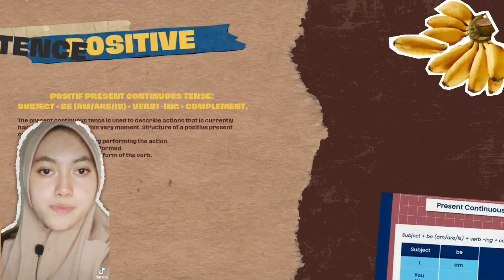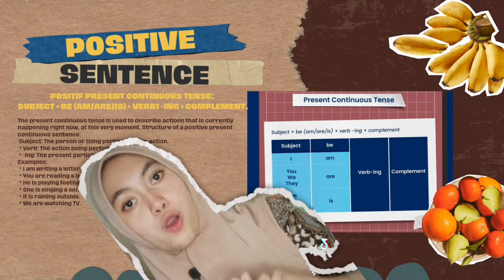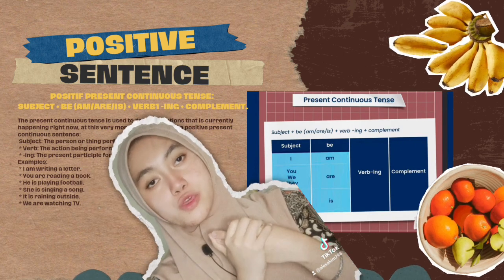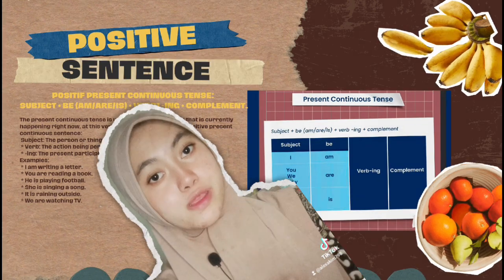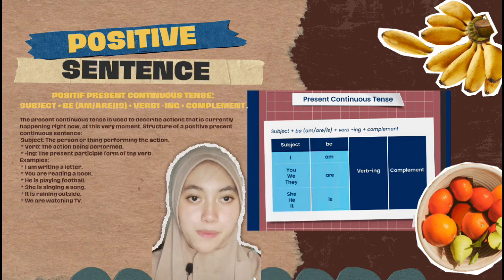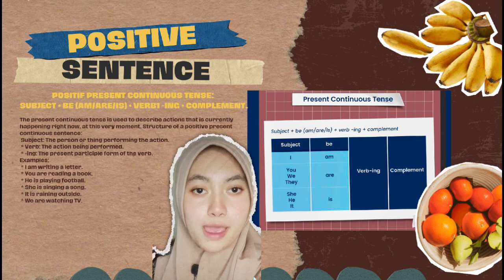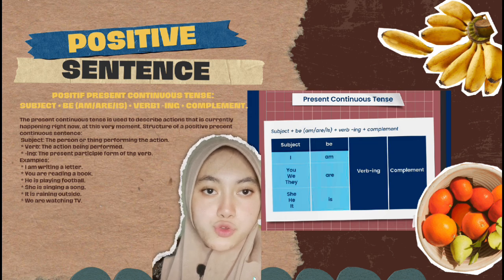Okay, next, let's see three kinds of sentences in the present continuous tense. First is the positive sentence. It is used to describe an action that is currently happening right now, at this very moment.